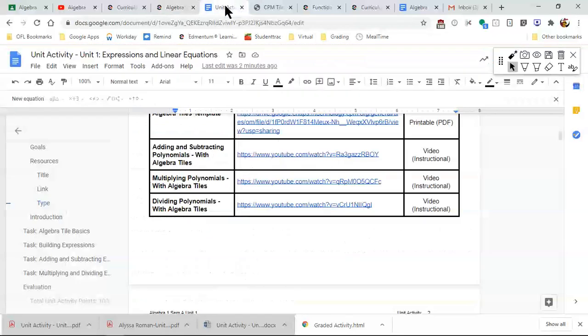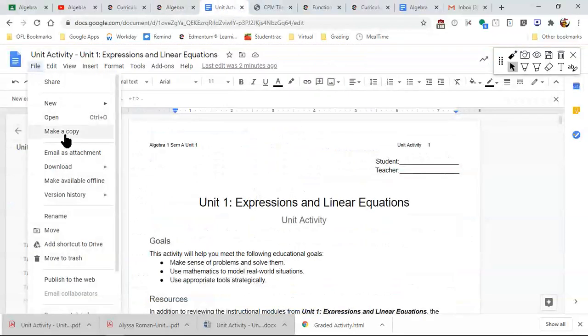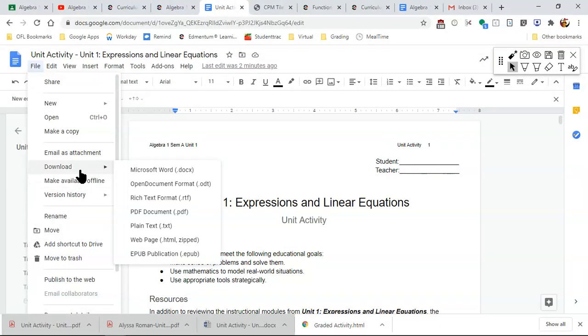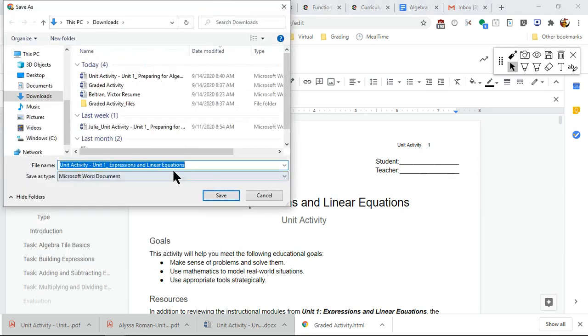Since you guys are using this, when you're done, click download. You can either download it as a PDF or a Word doc. I like Word docs, to be honest, but if you don't want to do that, you can always do it as a PDF. I'm fine with either one. So I'm going to download this as a Word doc.